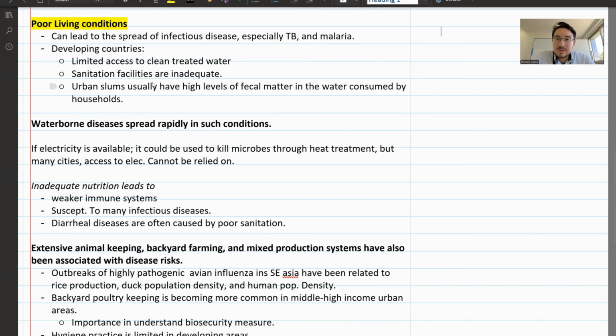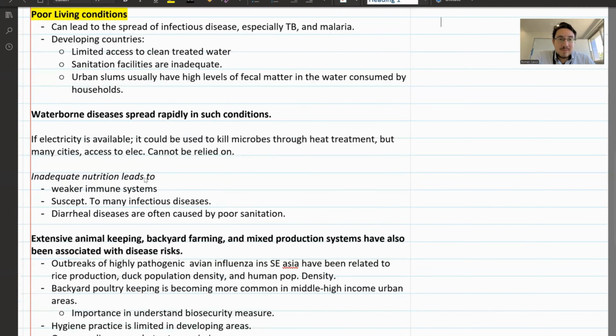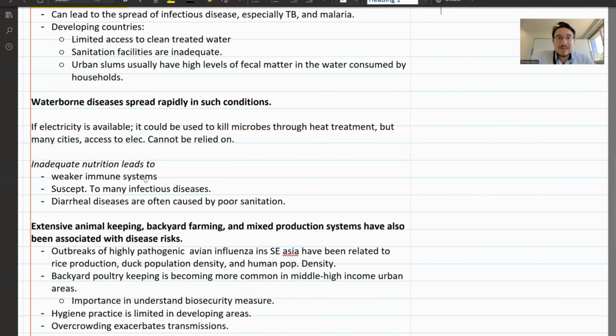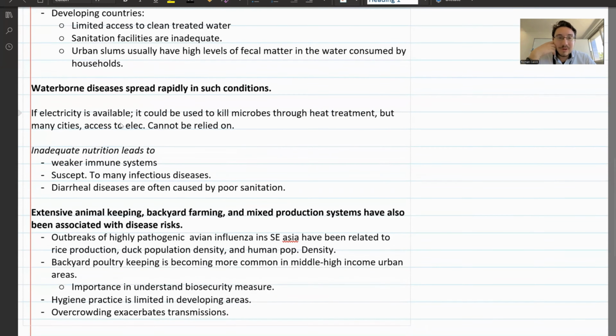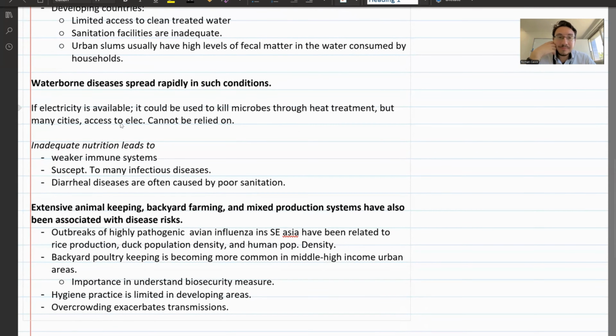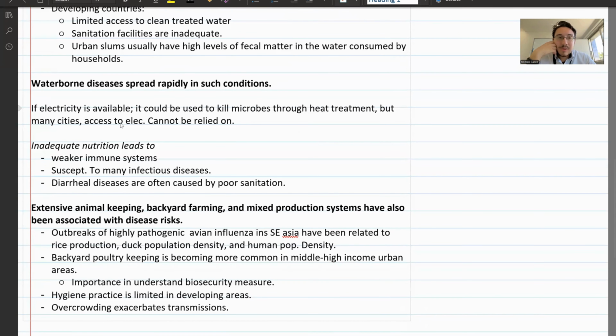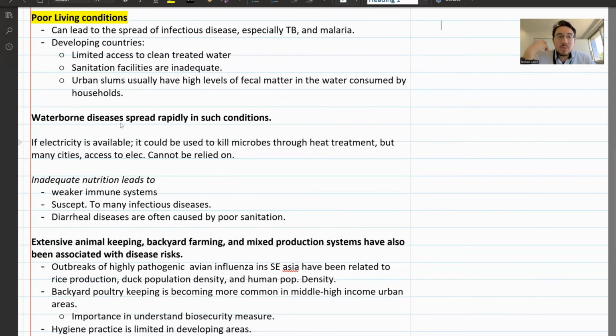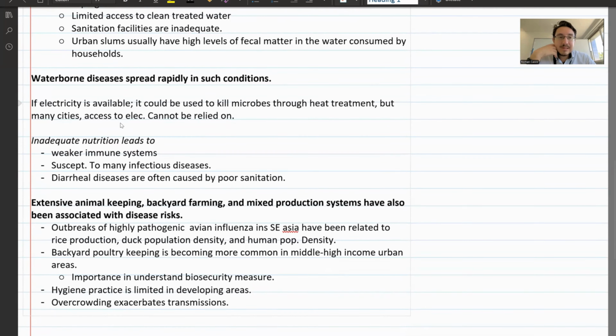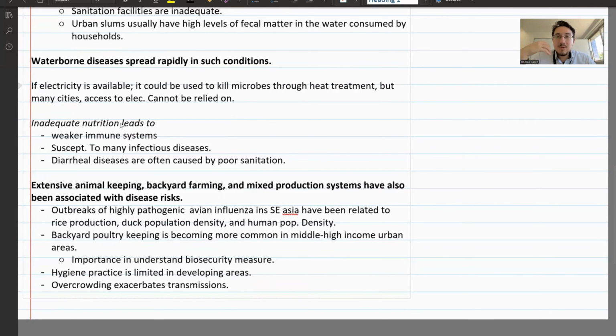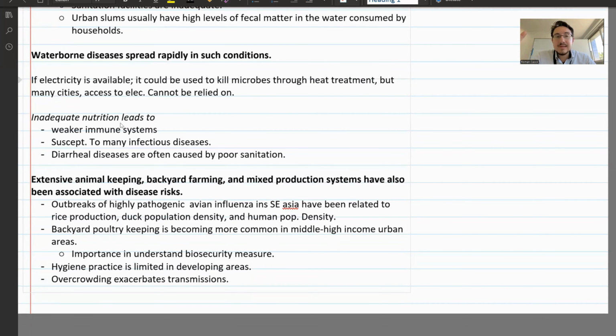People just jump in dirty water, dirty rivers, streams, and whatnot, where you're passing down these pathogens from contaminated fecal material from livestock and so forth that people would drink. This is especially true for waterborne diseases, so they would spread relatively fast in these conditions.